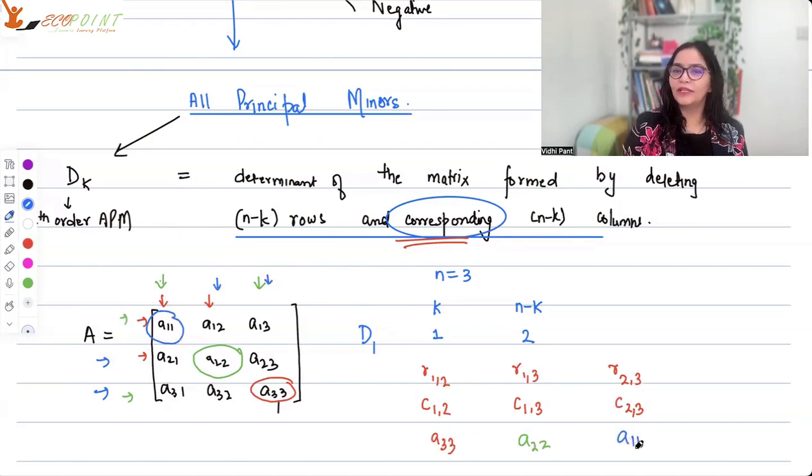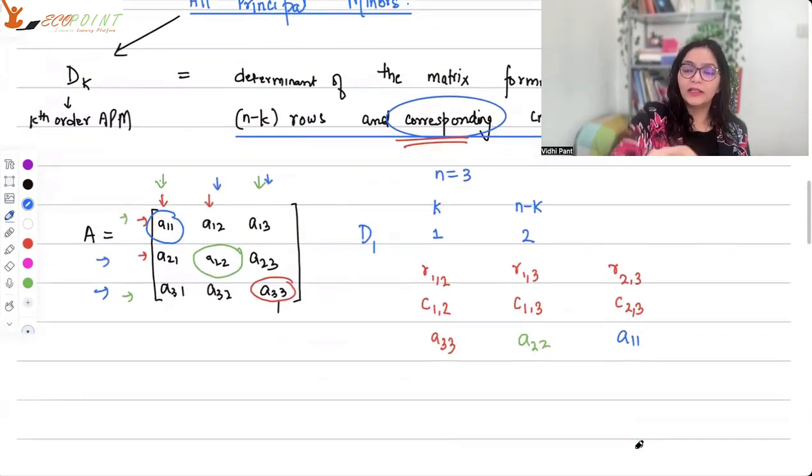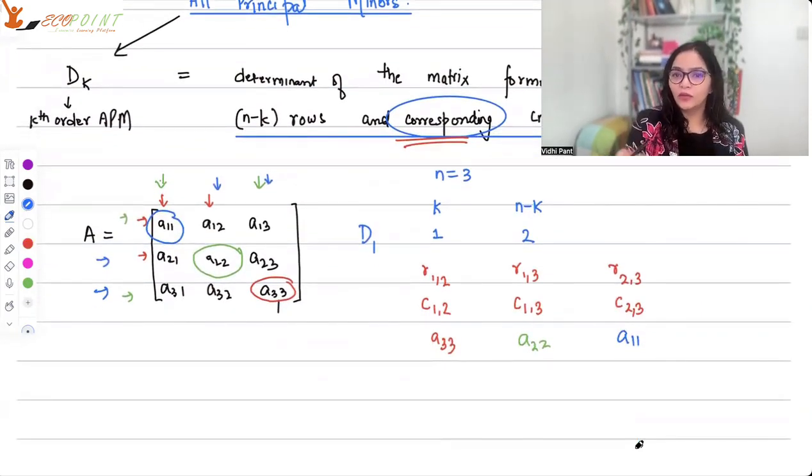Just A11 will be left. So your D1 is basically your diagonal, the main diagonal. Now you would observe that out of these three, one of them is actually the leading principal minor. So in the process, when you are calculating, you're looking for definiteness and semi-definiteness, you first check definiteness. And if that doesn't hold, you are not getting any result out of it, you move on to semi-definiteness.